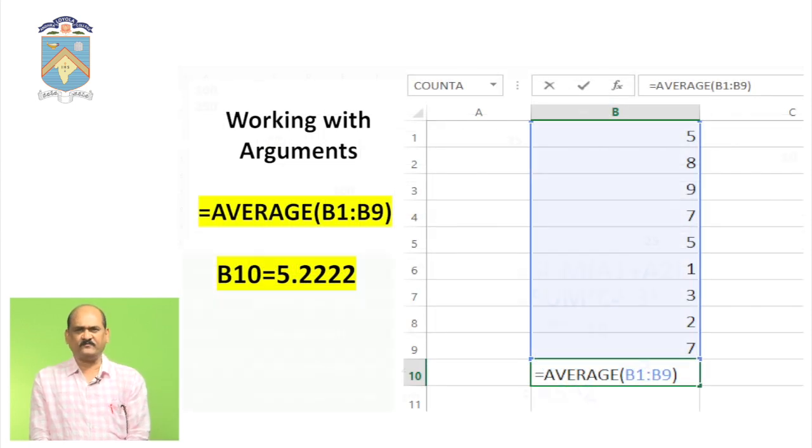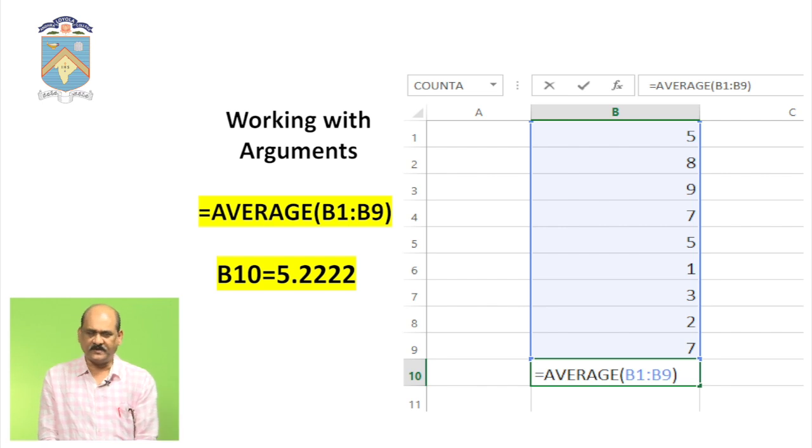Say, working with arguments is important in Excel. In this example, you have B1 to B9 with some numbers: 5, 8, 9, 7, 5, 1, 3, 2, 7, and a function called AVERAGE, again equal sign, AVERAGE and parenthesis B1 colon B9.